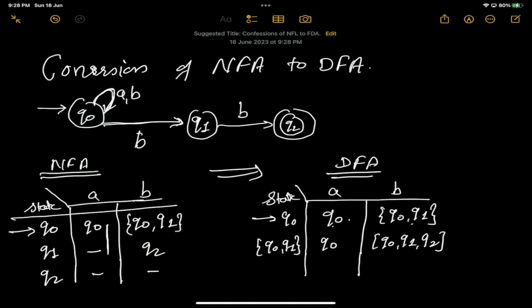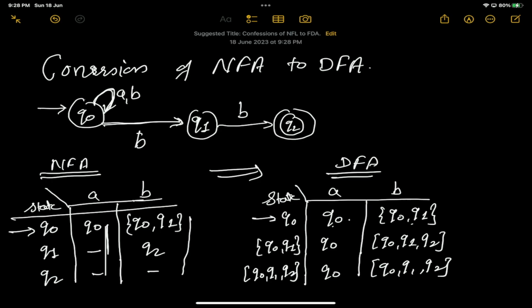So we write down Q0, Q1 and Q2. Now Q0, Q1 and Q2 with input A, take the union of all these three states, that is only Q0. With input B, we take the union of all these three states, so it is Q0, Q1 and Q2. Now there is no new state available, so we stop here.